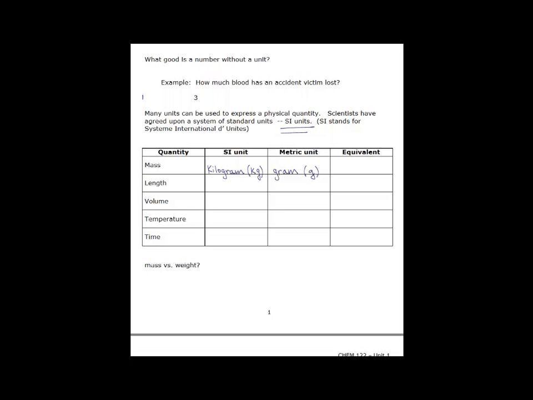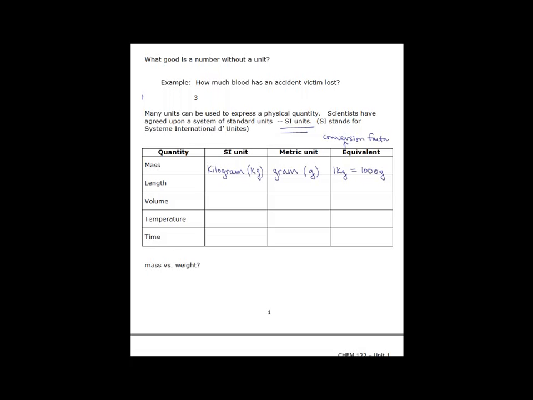The equivalent, we'll get into this a little bit later in Unit 1, is another word for conversion factor. So it gives you an idea of how a kilogram is related to a gram. So 1 kilogram is 1,000 grams.